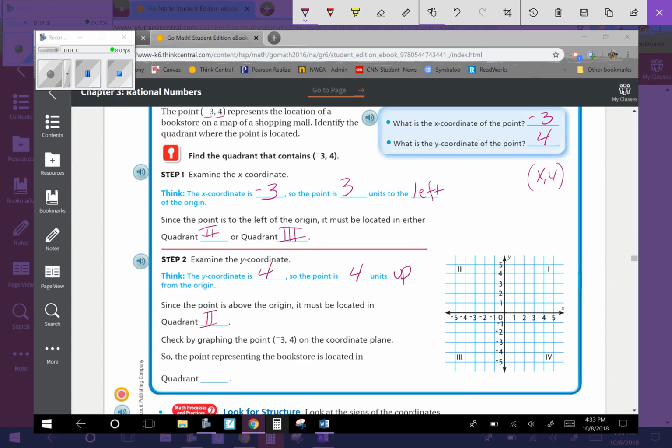So we check by graphing the point -3, 4 on the coordinate plane. So we start at 0, go left 3 and up 4, which is right here. And that is indeed in quadrant 2. So the point representing the bookstore is located in quadrant 2.